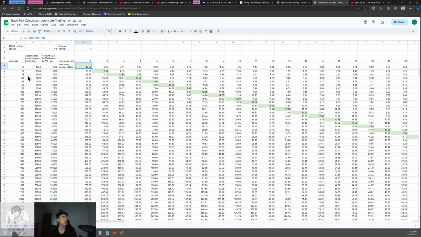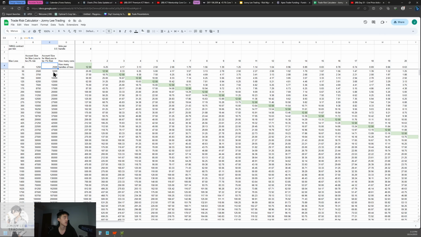So you'll see that I have different max loss values in column A. Those are values that I have calculated in order to give me a proper view of when I can start to add another contract. Column C gives me an idea of when I can safely add.